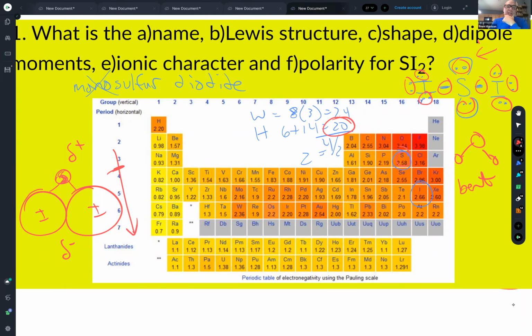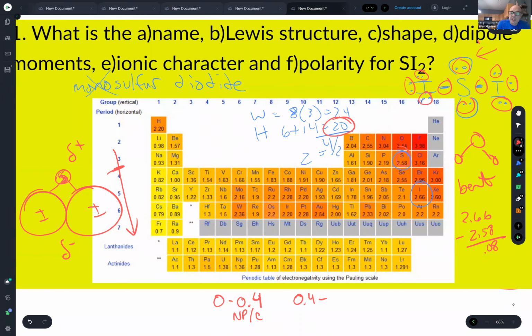All right, ionic character. Ionic character is the difference between the two values from this electronegativity chart. So 2.66 minus 2.58, and that's 0.08. Once you have that difference, you have to put it on a classification scale of 0 to 0.4, and that would be something that is nonpolar covalent, and then 0.4 up to 2, I believe, is what we have in the notes.